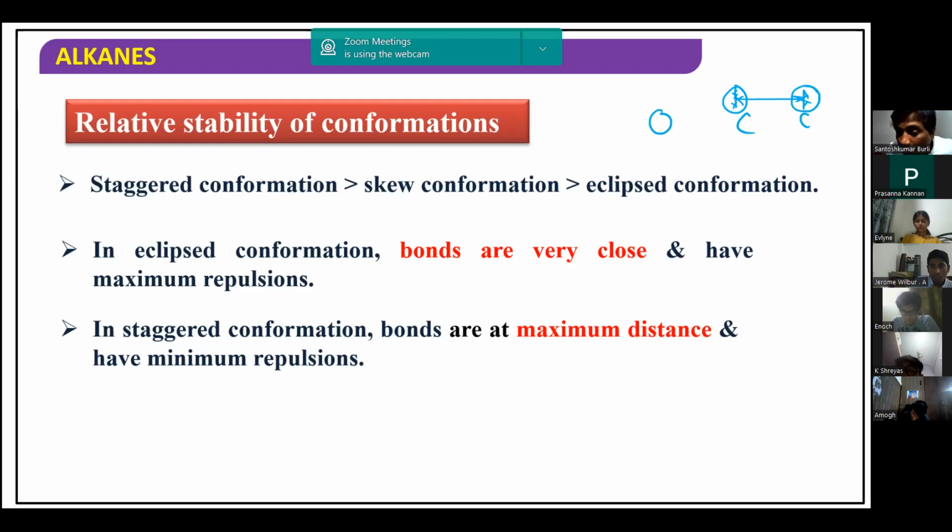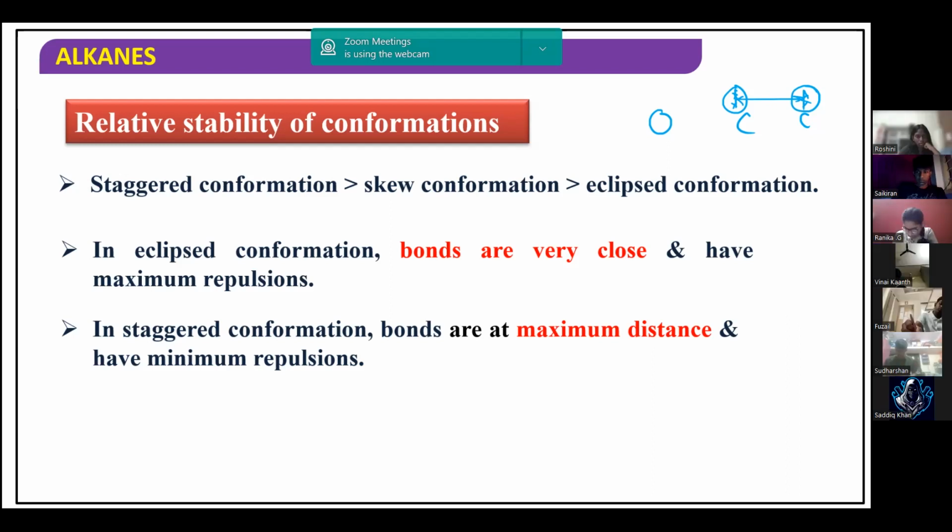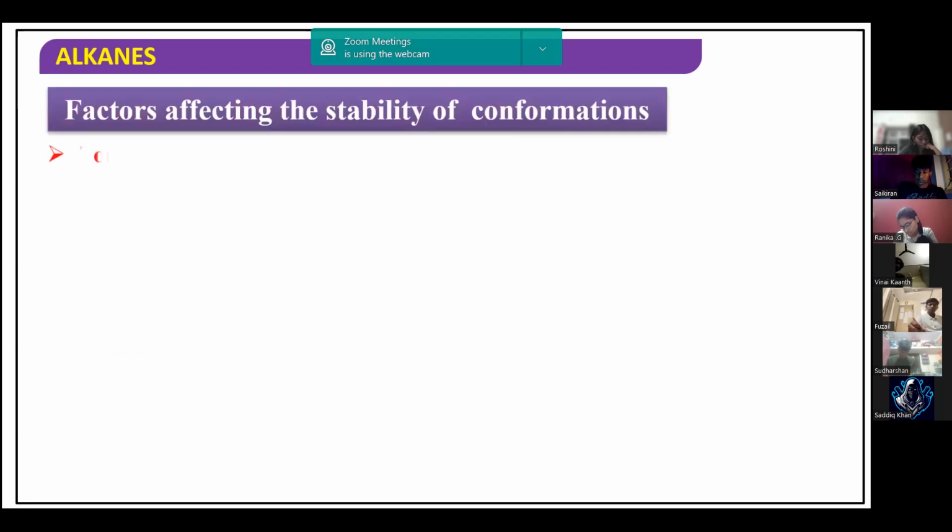In staggered conformation, the CH bonds are maximum away from each other, therefore minimum repulsive interaction between the bonded pairs of electrons. Because electrons have the same charge, they must repel each other. So there will be minimum repulsion in the staggered case, whereas maximum repulsion in the eclipsed conformation. You must remember and understand that clearly. Any doubt here? We call that torsional strain.